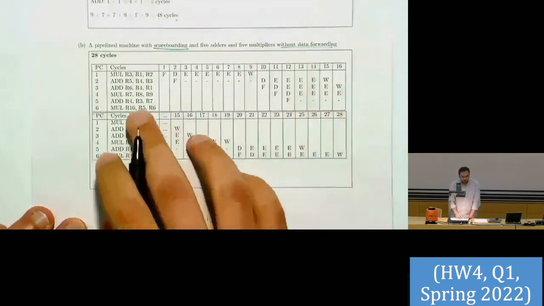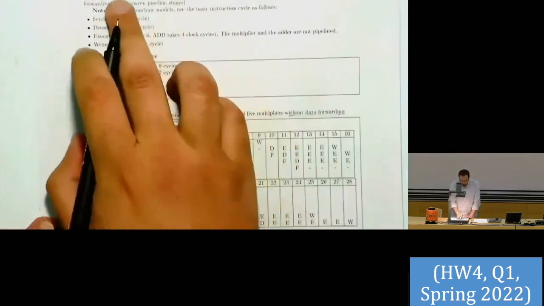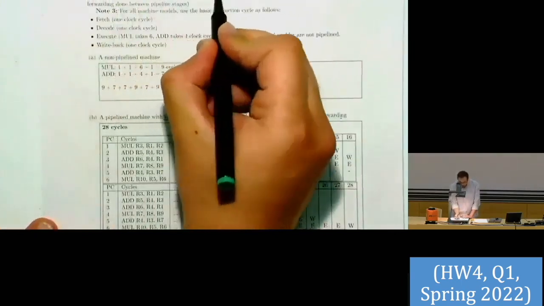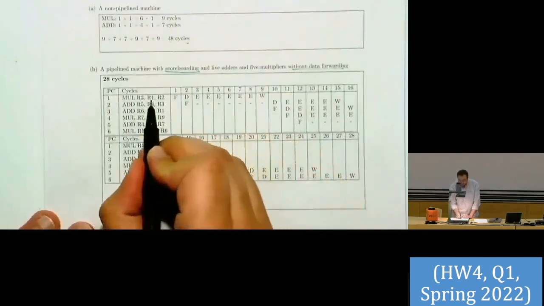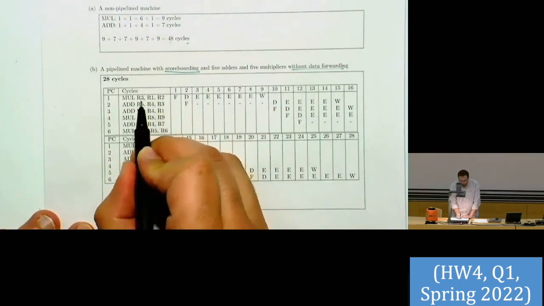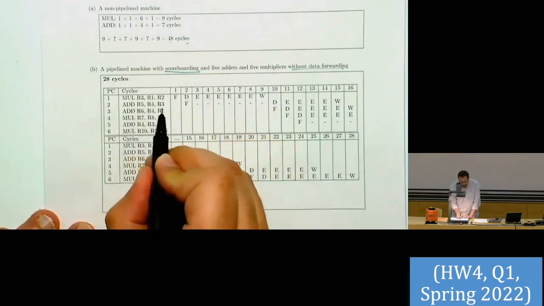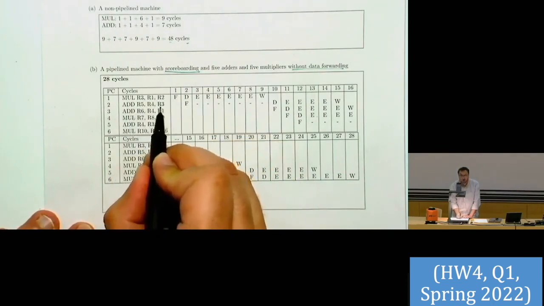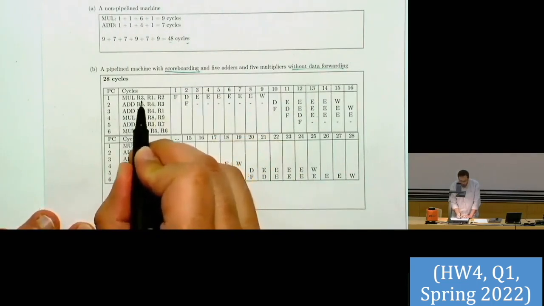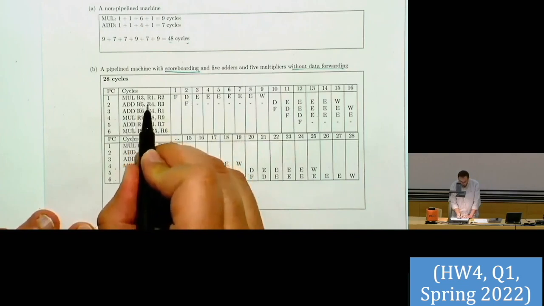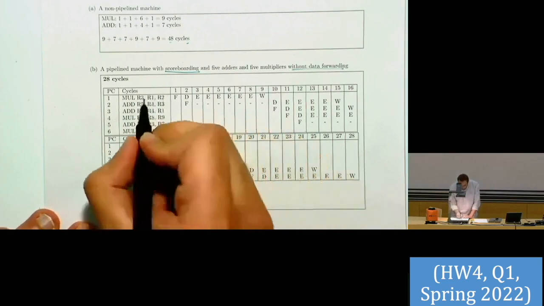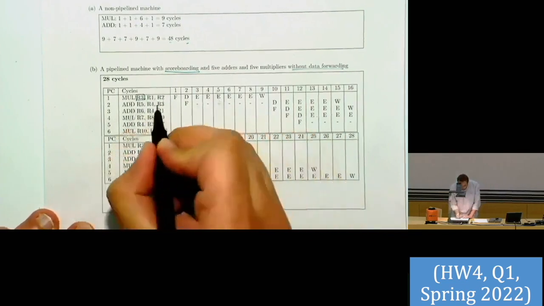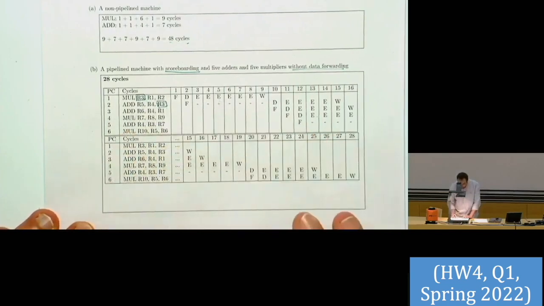As noted in note 1, each instruction is specified with the destination register first. This line means you multiply R1 and R2, and you write the result to R3, right? And in the second instruction, you need the value of R3. So the second instruction has to wait for the first instruction to complete and write back the results to the register file. I can just mark this data dependency here.